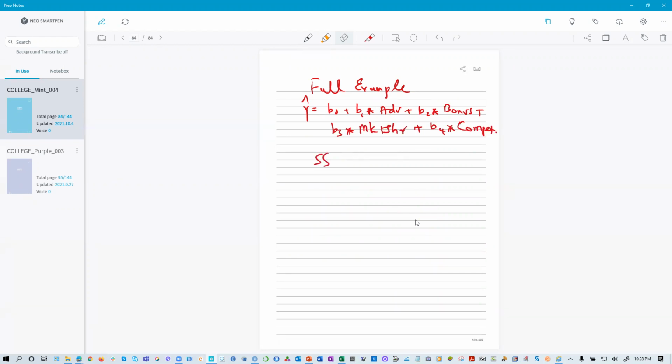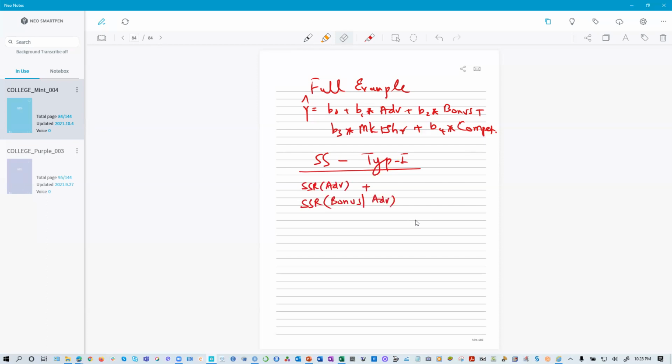SS type 1. SS type 1 means the first line, that means SSR add only. Second one, SSR, you're going to say bonus, given that you have add in the data set.